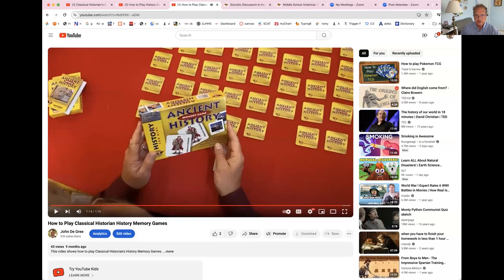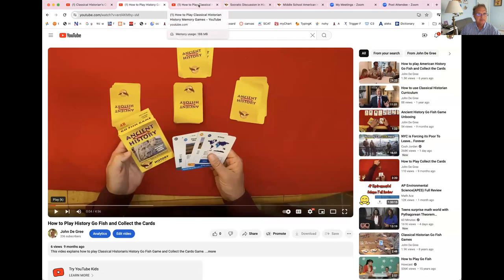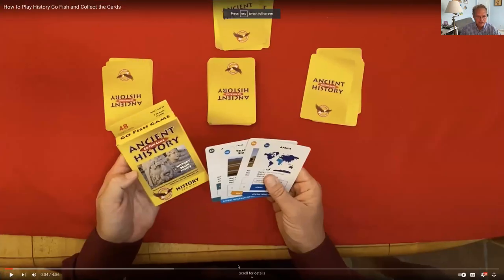Okay, so just a quick view of the ancient history memory game. And this game right here is our Go Fish game. Now, this is the favorite for kids ages 10 and older.